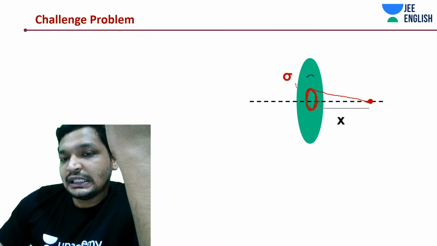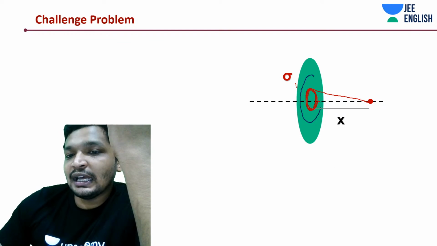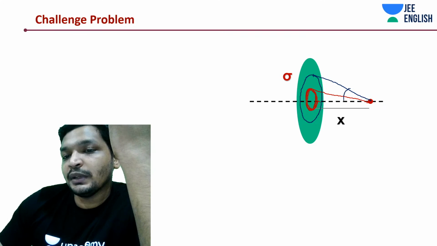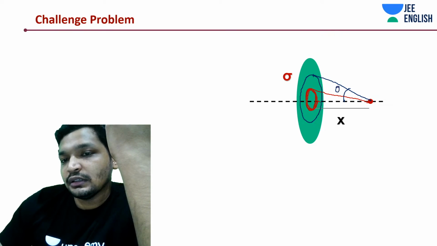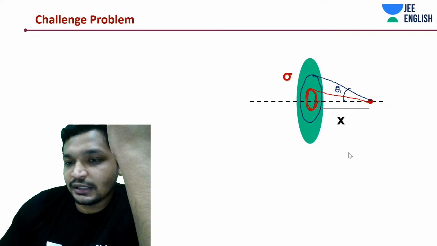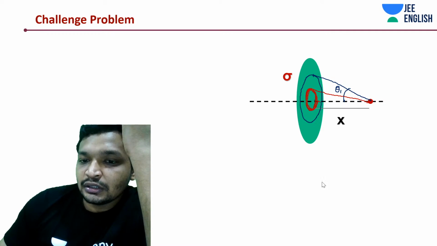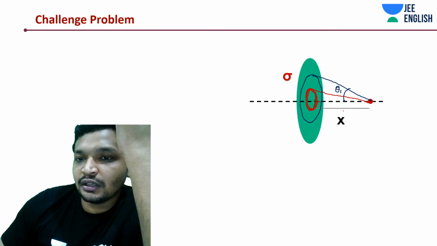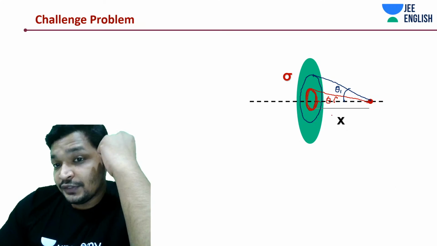Theta as such is varying. This could be a larger angle theta. What I mean is theta is an angle. So now this theta is the thing that we need to work around. Theta is varying.